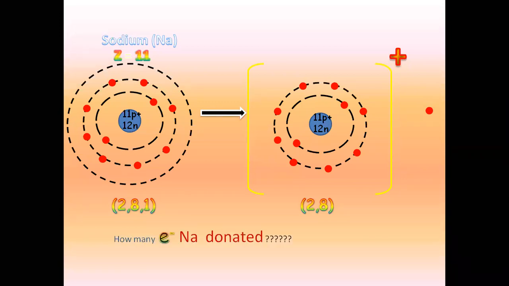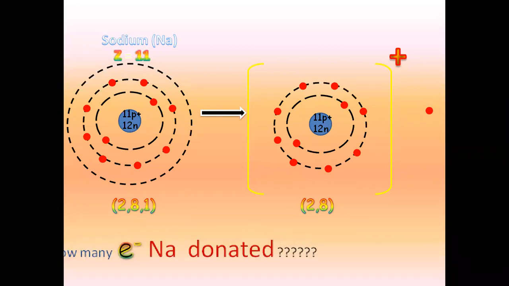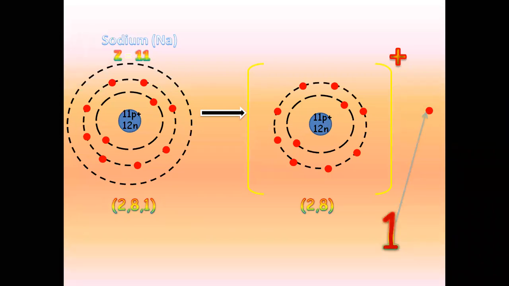Okay. Same way, let's take the atom chlorine now. We know sodium donated one electron, so the valency also becomes 1. Let's take the atom of chlorine, atomic number 17. Can you tell me what will be its electronic configuration? I have given you the atomic number. 2, 8, 7.